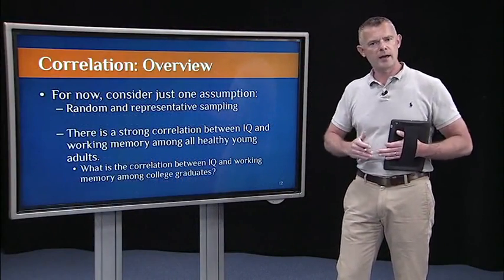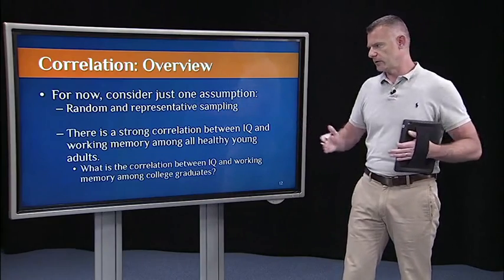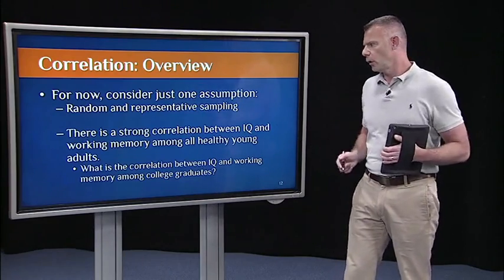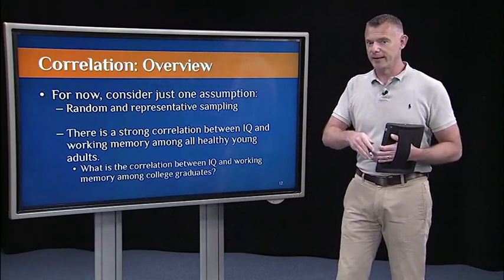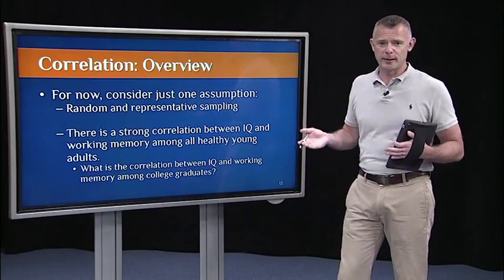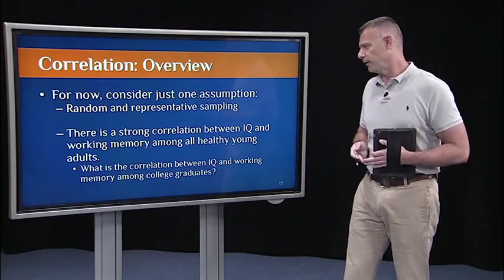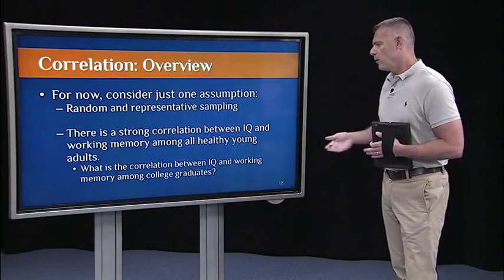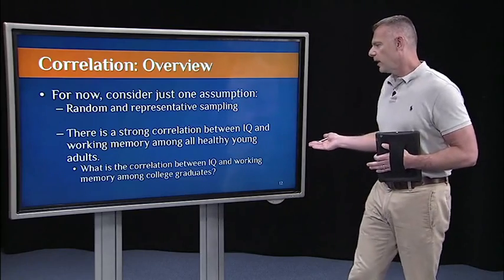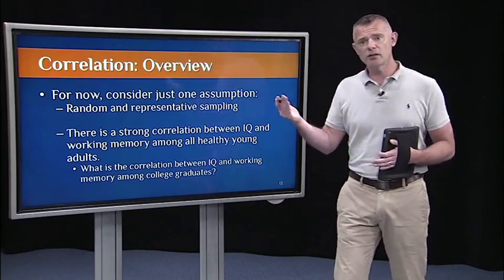If we get a heterogeneous sample of, say, all high school graduates, what if we relied on a more convenient sample at, say, a prestigious selective school of higher education like Princeton? We might want to ask, what is the correlation between IQ and working memory among college graduates?